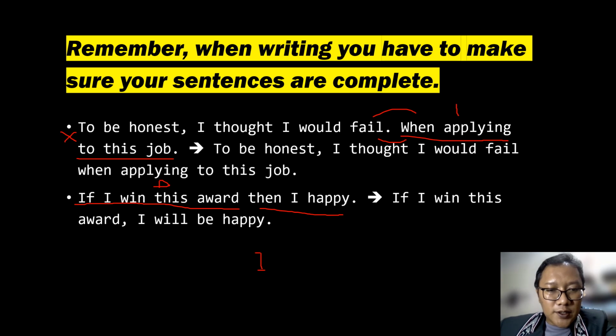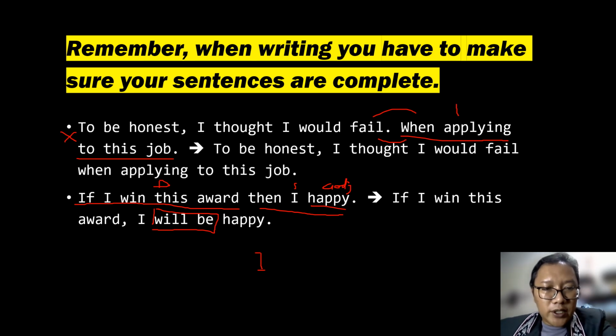If you just use I, this is the subject, and happy, an adjective, there is no verb yet. That's why in the correction, I add the verb: If I win this award, I will be happy. And I remove the then because if you use if with then, it will be redundant.